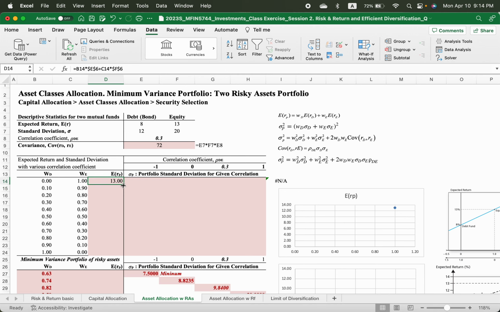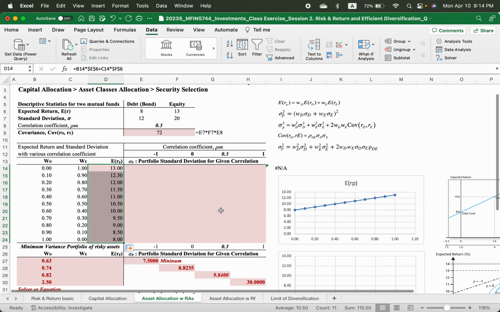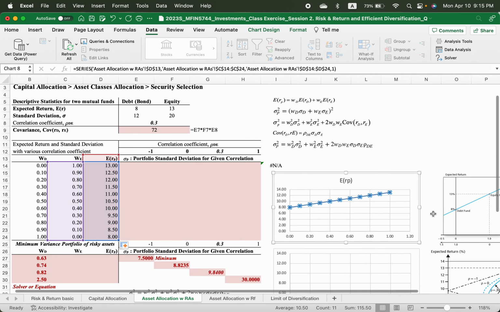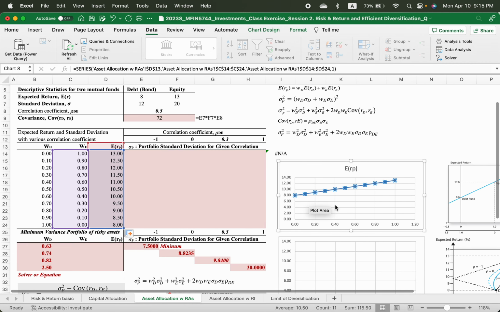So now let's drag it down. Finally we got the combination expected rate of return for each case. If the weight is 20% or 80%, this is the combination of the debt and equity.